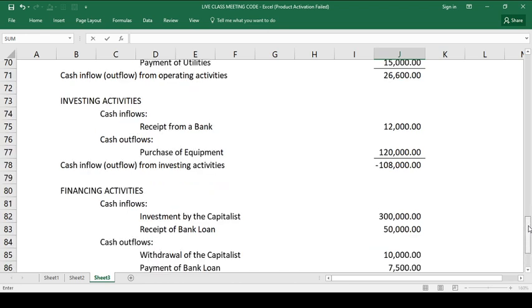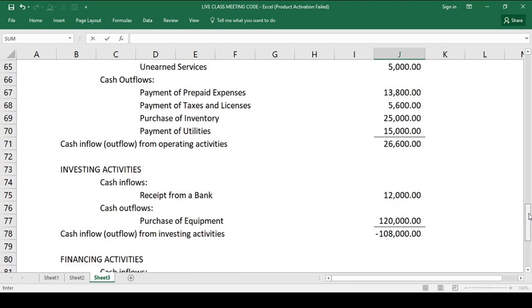Okay? Sige. Paano po natin i-compute yan? Okay, una, kunin natin yung cash inflow or outflow ng operating. O, yun, kukunin ko yun, ha? Okay, kunin yon. And then, you add the cash inflow and outflow of the investing activities.